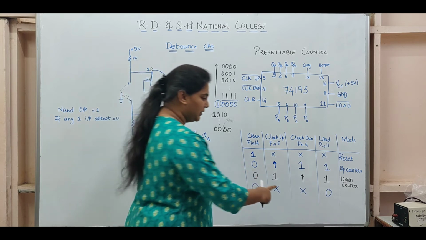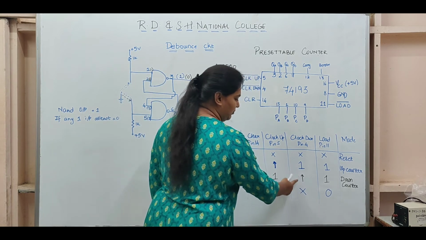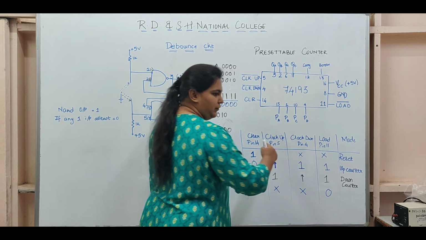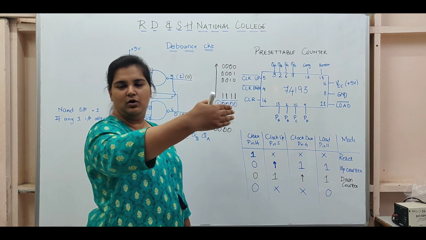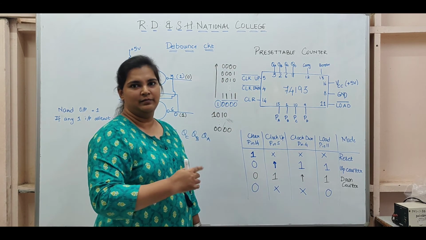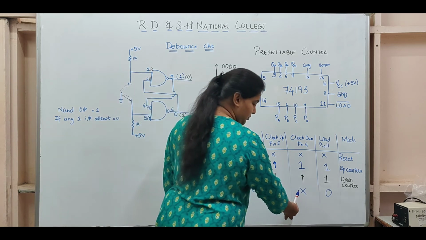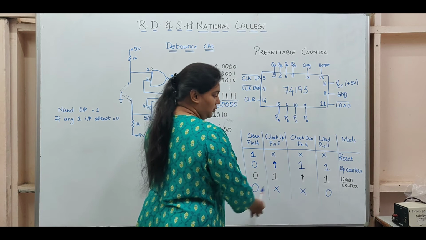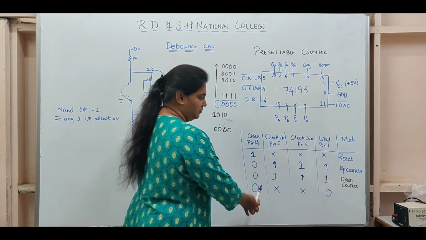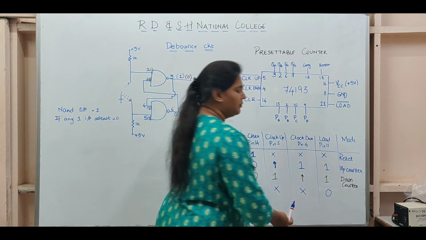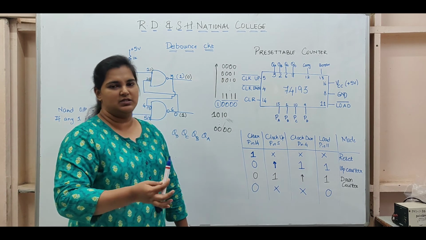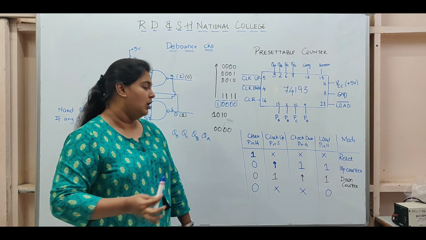Then after preset, you will have to immediately jump to one of these states for it to count from there or count till there. I am repeating what I just said. What happens in preset is you will lock a value. At that point, clock up, clock down doesn't matter. It may be 0, it may be high, it may have a clock.